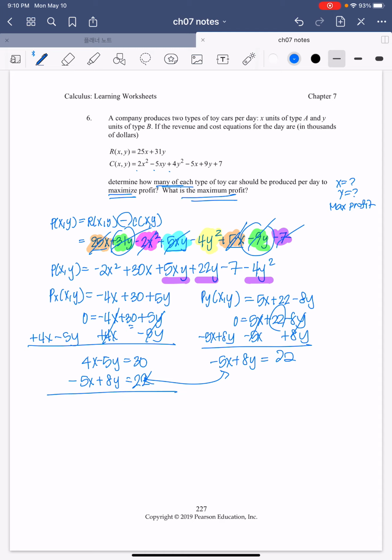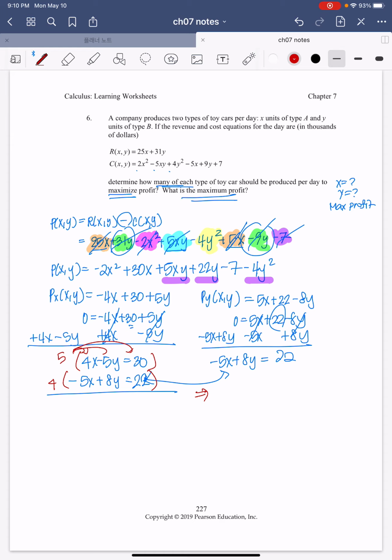Depending on which variable you want to eliminate, I'll just eliminate x. So that means I need to multiply the top by 5 and then here by positive 4. So the first one, the 5 gets distributed to all of them.